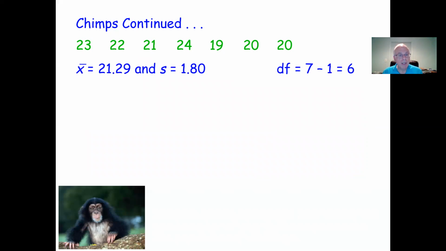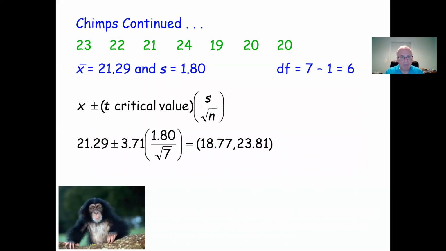Anyway, if we took the sample average of those 7 chimps, we would get 21.29, and the sample standard deviation of 1.8. The degrees of freedom is n minus 1, which is 7 minus 1, which is equal to 6. So what are we going to do? Our margin of error is going to be the t critical value times the sample standard deviation divided by the square root of the sample size.